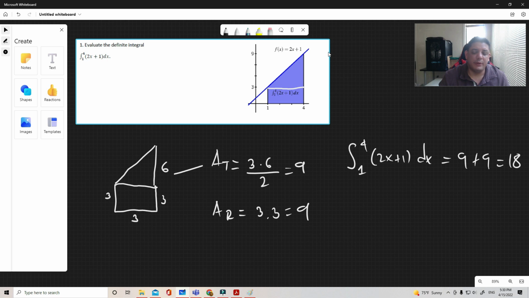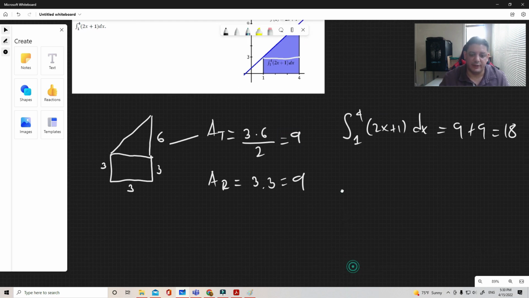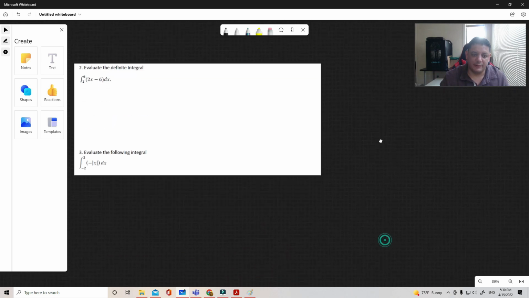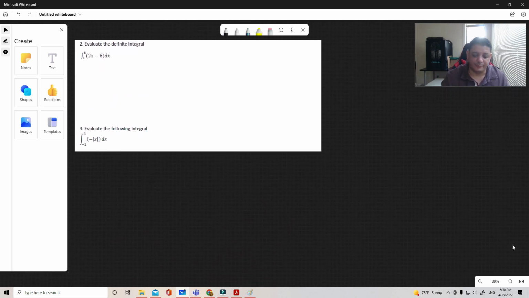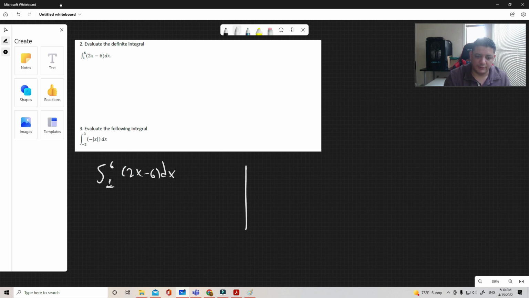Now what happens when we don't have the area included in the exercise? Well, essentially we have to build it ourselves. Consider the integral from 1 to 6 of 2x minus x. And let's assume that we don't have any more information.